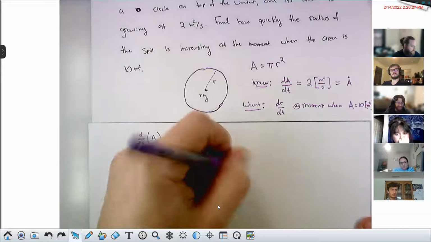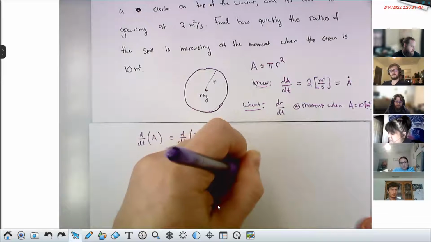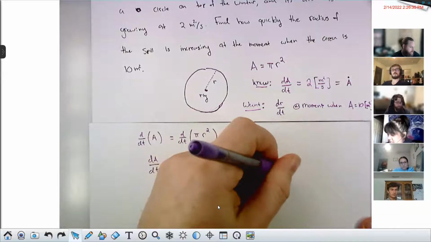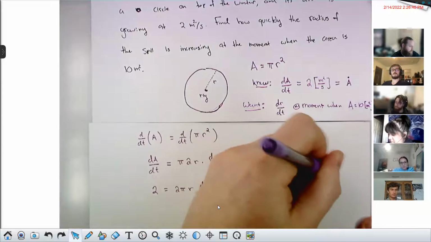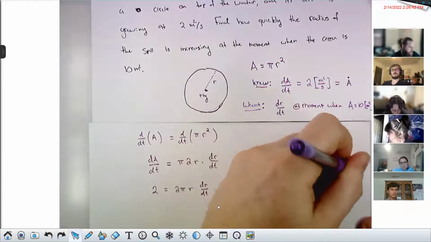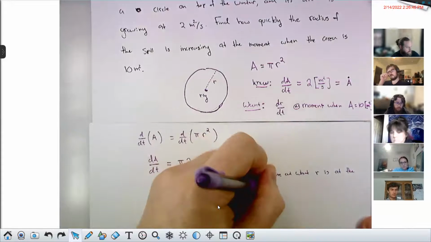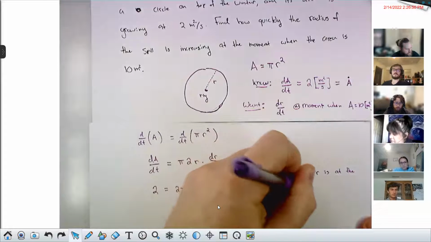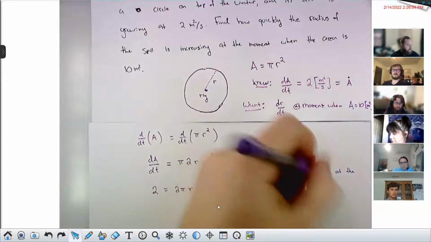So at this point, we need to figure out what r is at the moment when A is 10. Then we can solve for dr/dt.